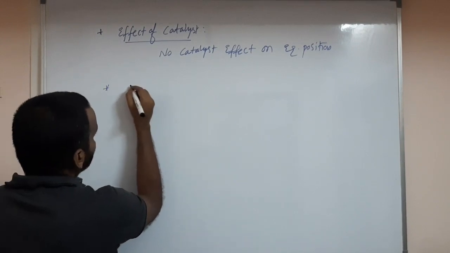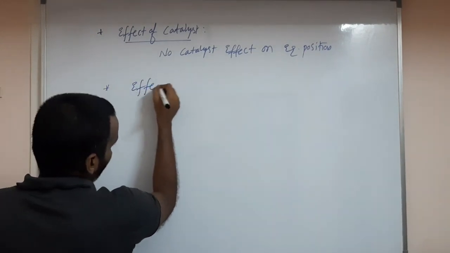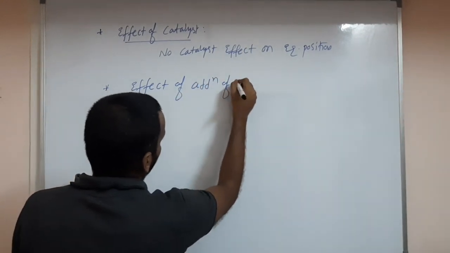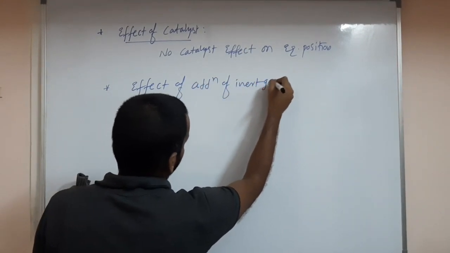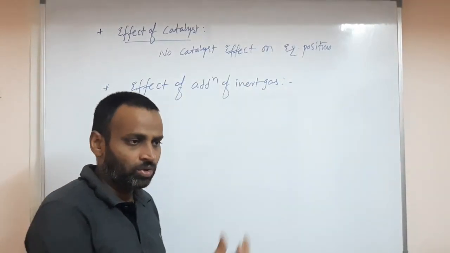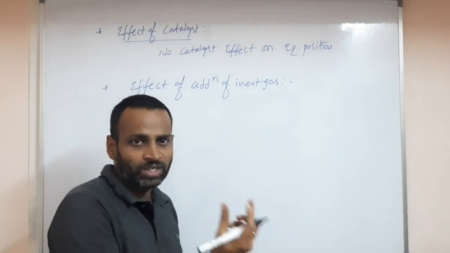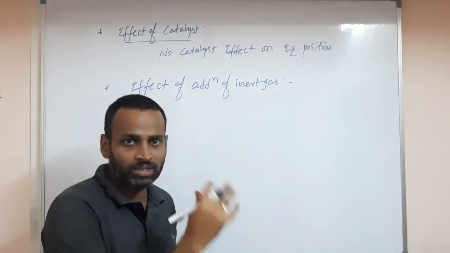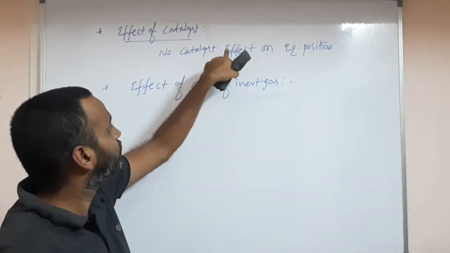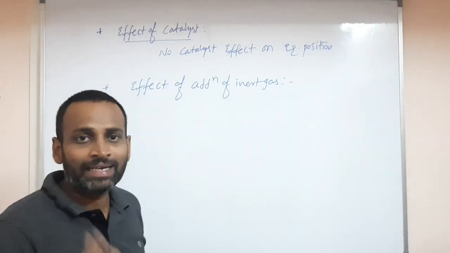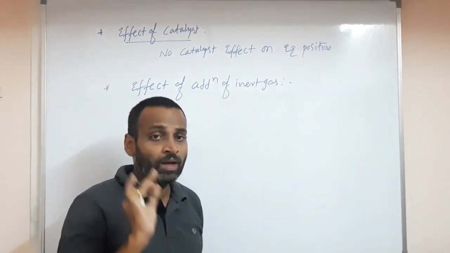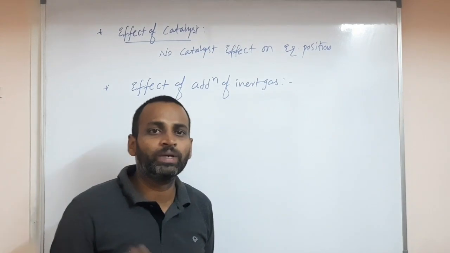Next, last and final, effect of addition of inert gas. A catalyst will speed up the reaction, so it won't change the final destination. When equilibrium exists, that won't change. So the catalyst will not change the position of equilibrium, but it increases the speed of reaction.